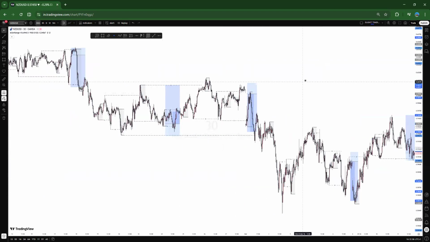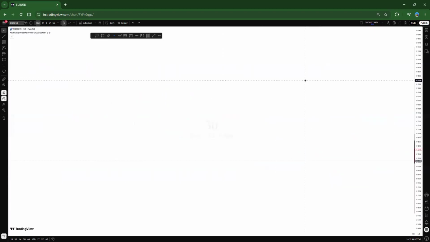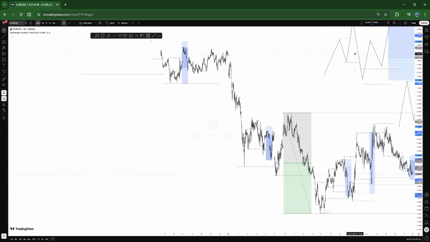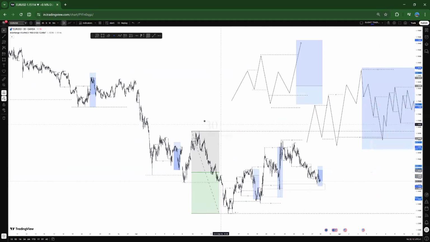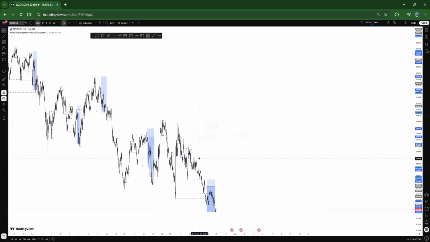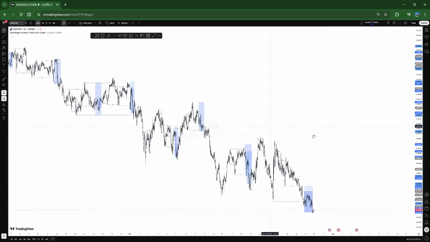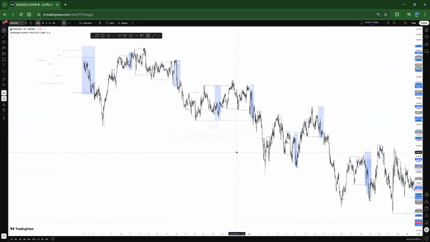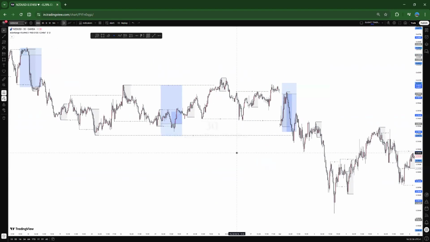Then this sell, what I was explaining on EUR/USD: when price takes it out and starts doing a pattern like this, that's what happened on New Zealand dollar USD. I think it was right around here.